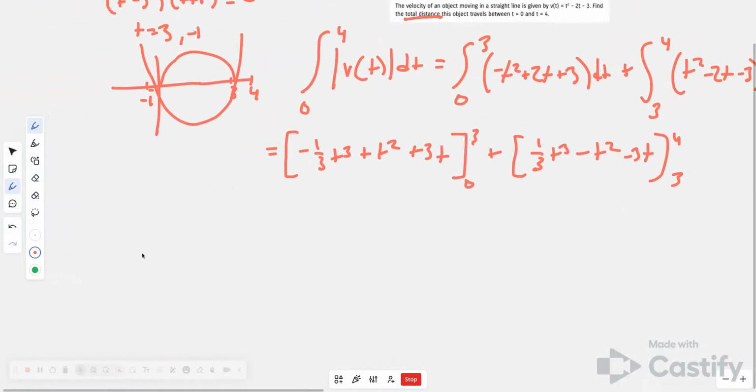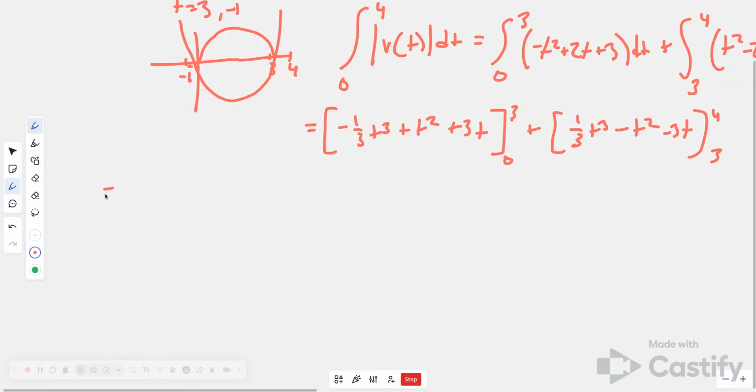So this would be equal to 1/3 3 cubed plus t squared is 9 plus 9 again, 3 times 3, minus, and then because when we plug in t equals 0 into this equation, we get 0, so we can ignore that step.